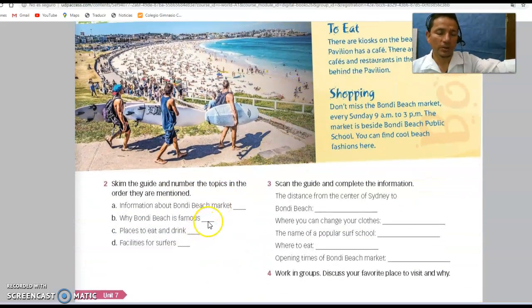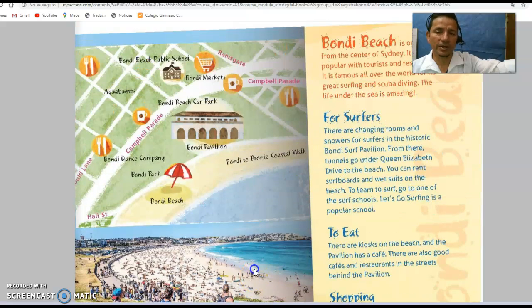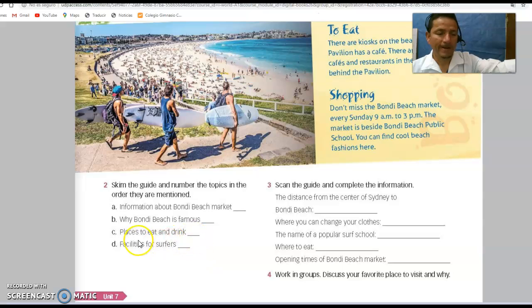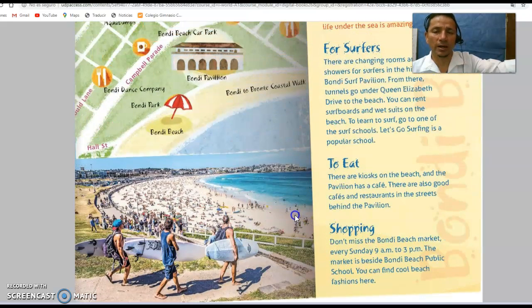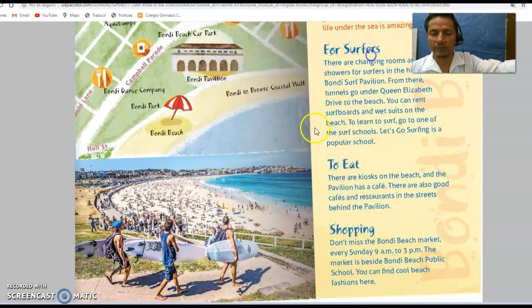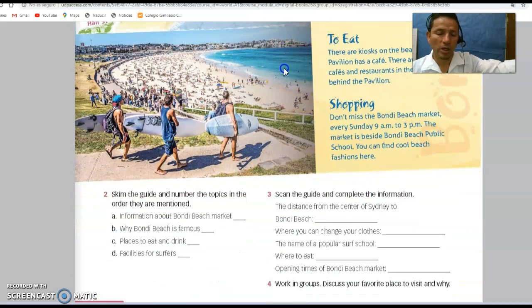Okay. So that's good. So it is number 1. And places to eat. So according to this, kiosks, and facilities for surfers. So you are making the connection. You can write these surfers, and that's all.